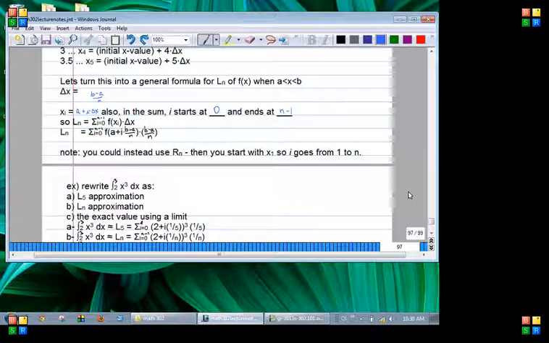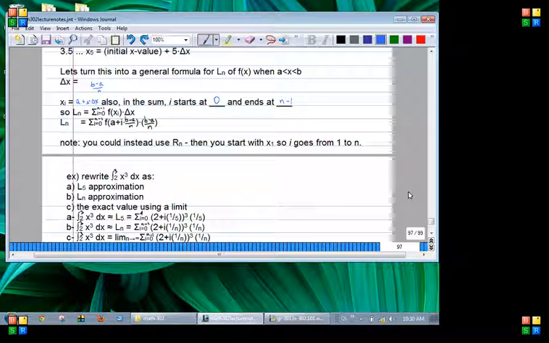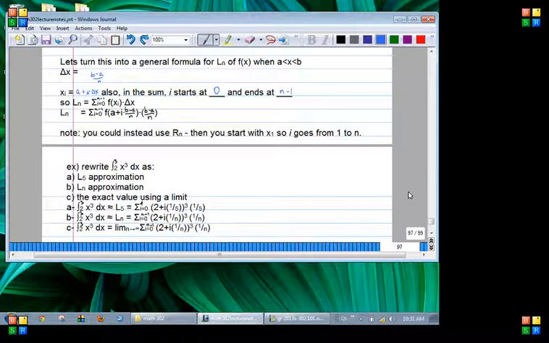And so then the answer to part C is very simple. You just take that expression and slap a limit in front of it. In this case, we're going to take the limit as n goes to infinity. So to connect it with what we've talked about before, as n goes to infinity, what happens to delta x?